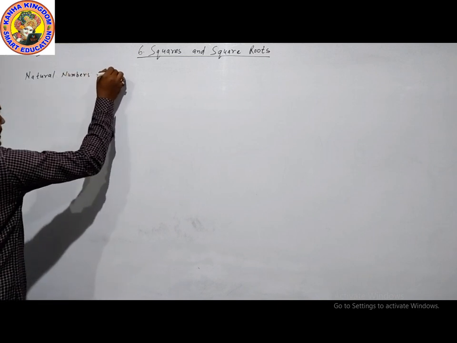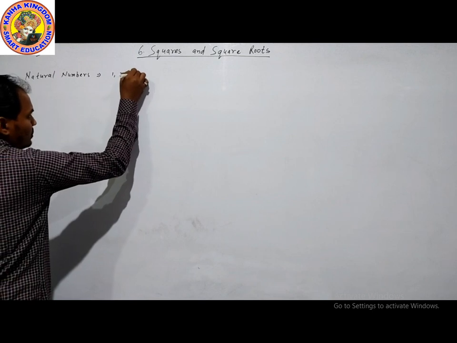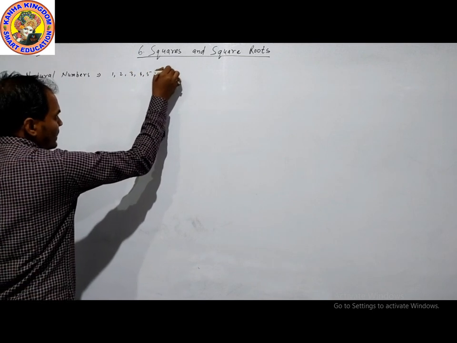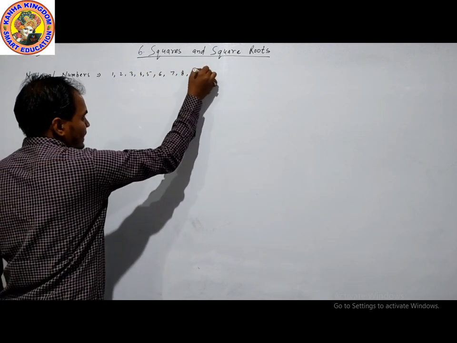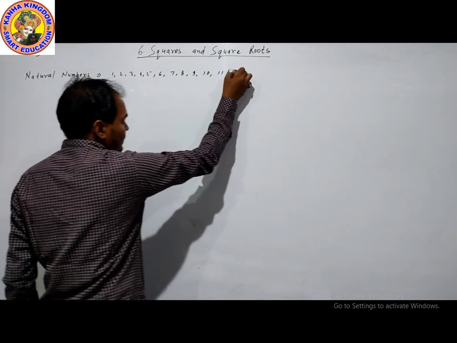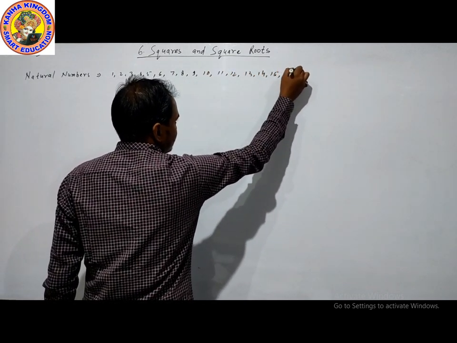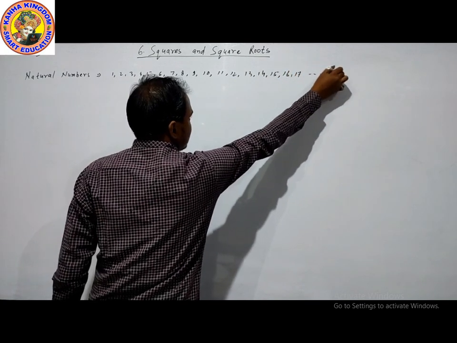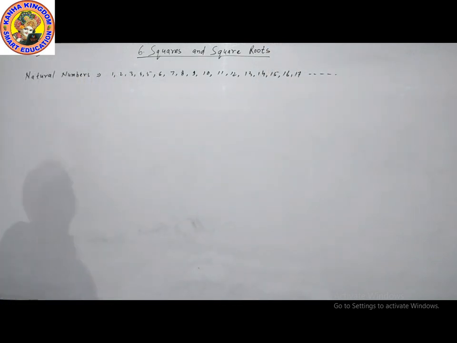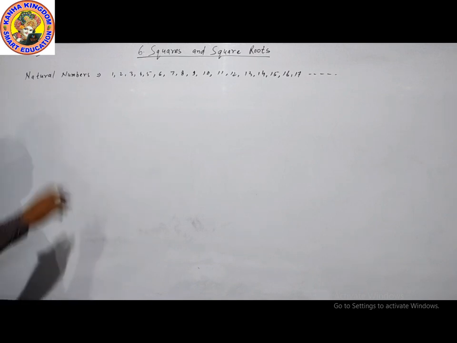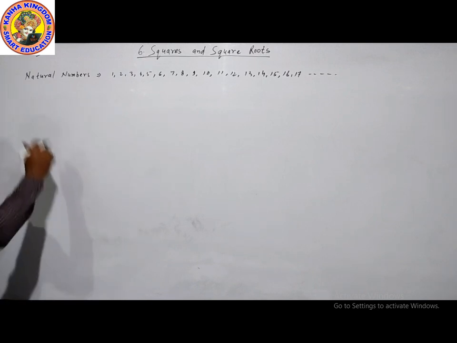The natural numbers are 1, 2, 3, 4, 5, 6, 7, 8, 9, 10, 11, 12, 13, 14, 15, 16, 17 and many more.